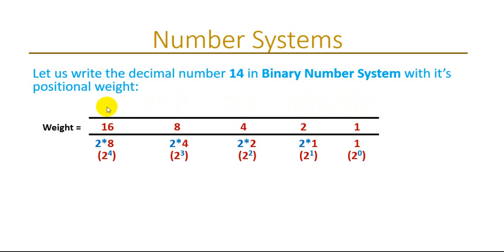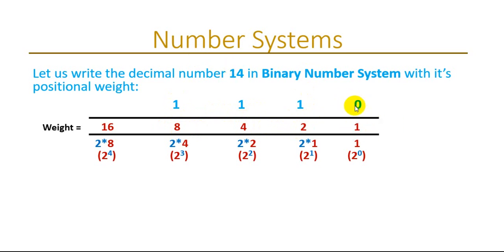So can I put 1 of 16? No, because the number you are trying to represent is 14, so it shouldn't go to 16. I can start off with 1 of 8, right? That is 8, and we need 14. So 8 and 4 is 12, and 12 and 2 is 14. We got the number. So that's why for the ones we put 0.